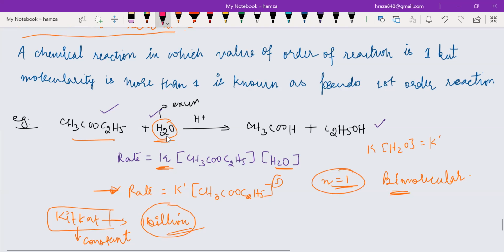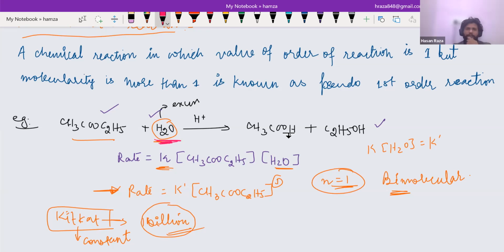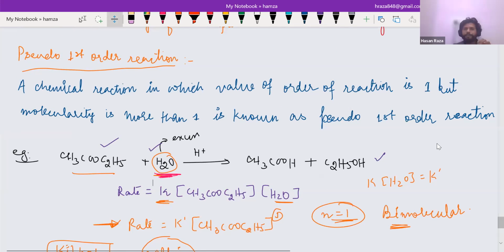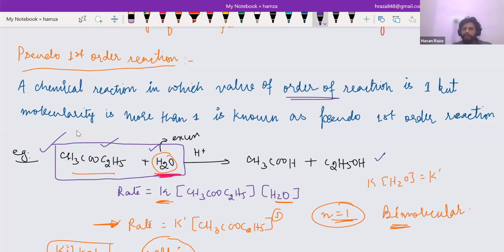Since H2O is in excess, I'm going to come to the point. Pseudo first order reaction is the reaction in which the order of reaction is 1, but the molecularity is 2. Can you tell me how many molecules are reacting here?